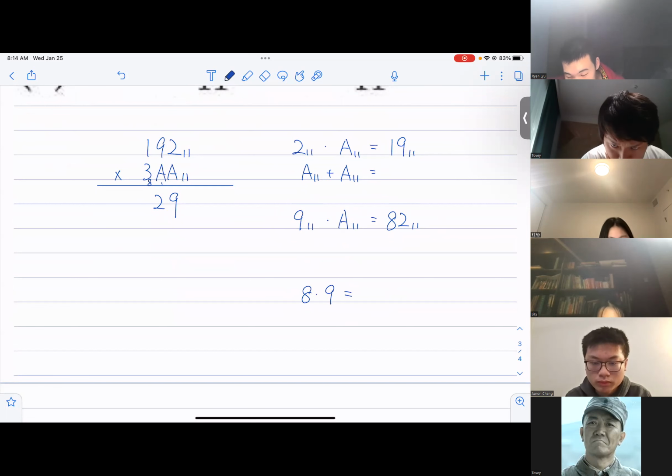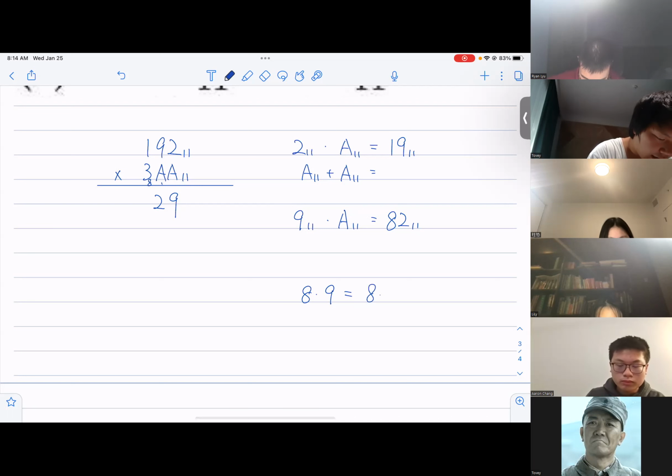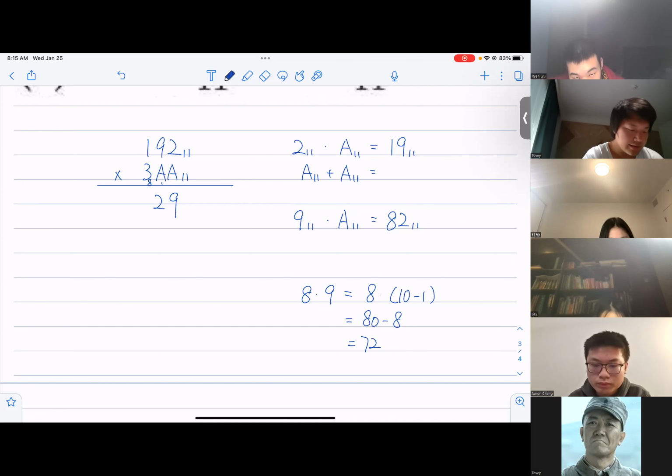Other than reciting the multiplication table, we can also do 8 times 10 minus 1, remember? Like from very elementary school. And then this gives us 80 minus 8, so we get 72. Right? So here we can do the same thing for 9 times A if you want. It can be 9 times 1 for A.